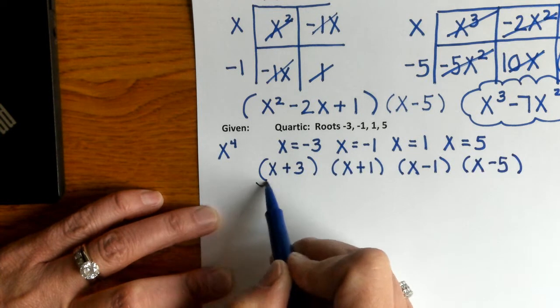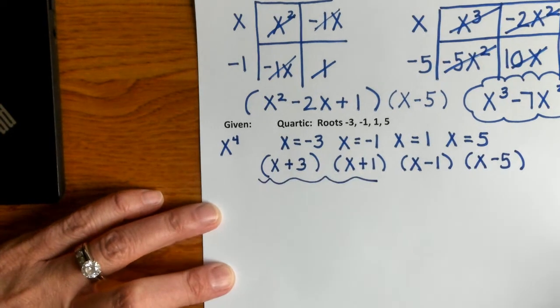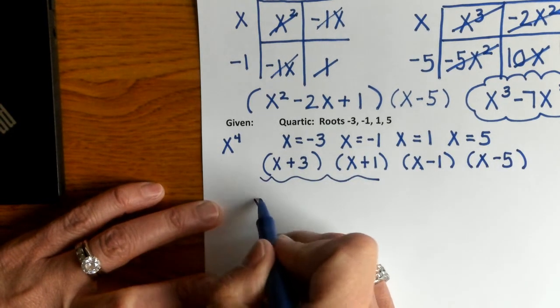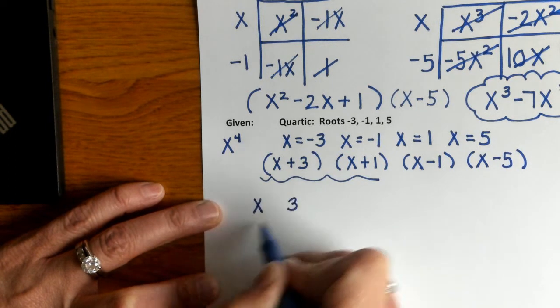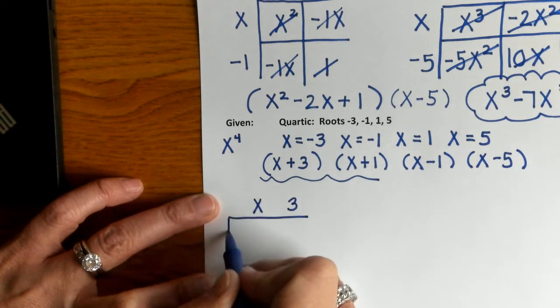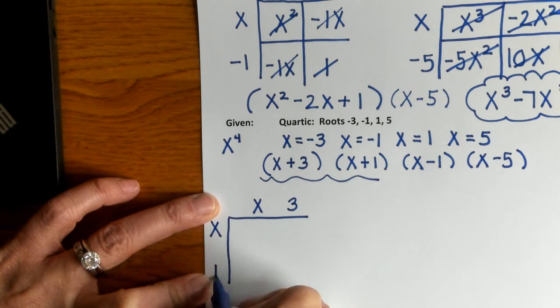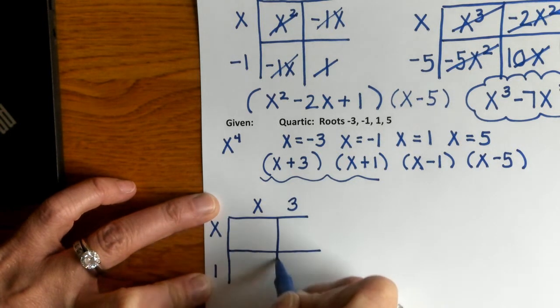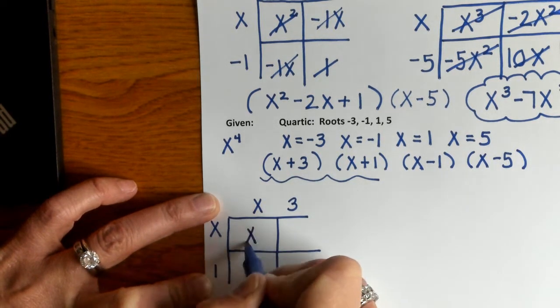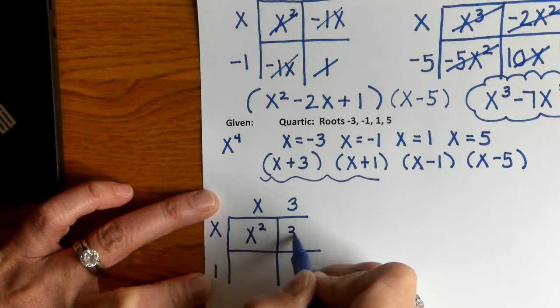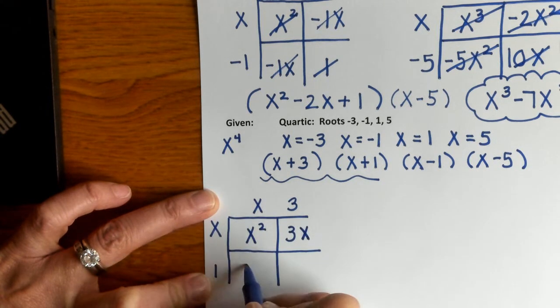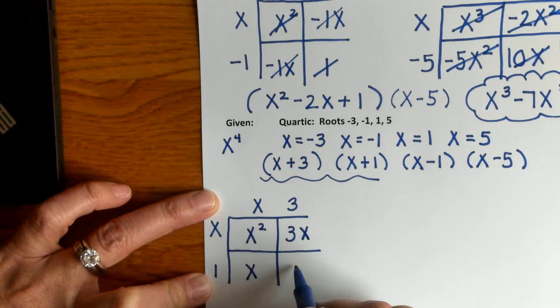I'm going to start with these two because they're first, no other reason. X plus 3 I'm going to put on top. And on the side I'm going to put x and positive 1. So x times x is x squared, 3 times x is 3x, 1 times x is x, and 1 times 3 is 3.